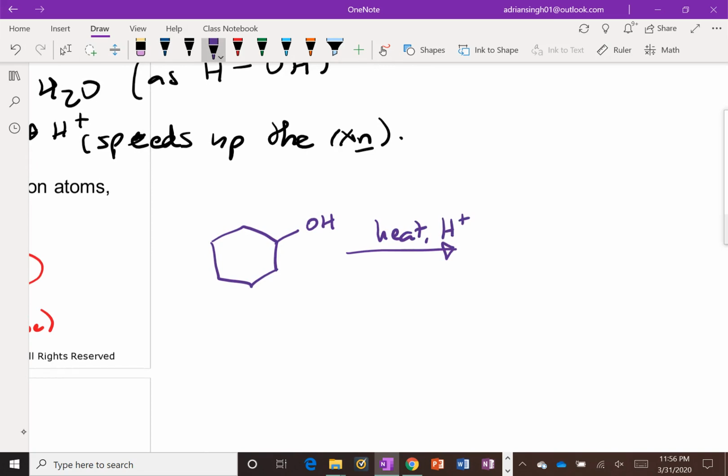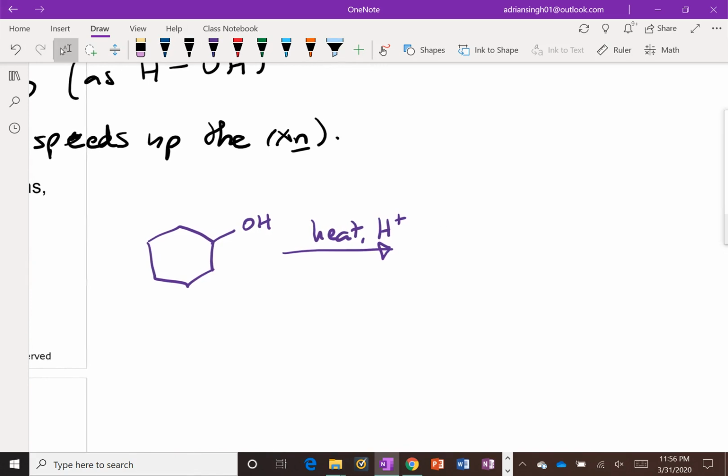You have to recognize those conditions as dehydration conditions, or conditions for this particular reaction. We're going to lose an OH from, well, that's the only place we can lose the OH from. And then don't forget that you have two H's on each of these carbons on your cyclohexanol.